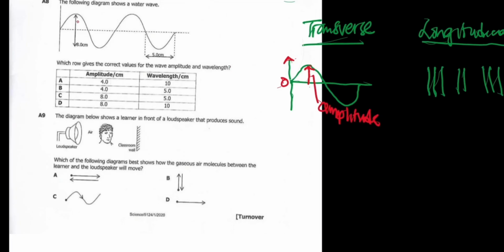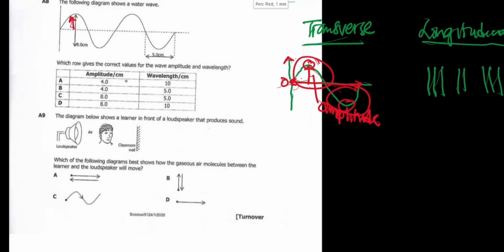So in this case, the amplitude is actually from this point to that point. That is the amplitude of that wave. Now, one wavelength is actually the distance between the two crests or troughs. So from this position to this position, you have one wavelength. So make sure you understand that it involves the two displacements there.